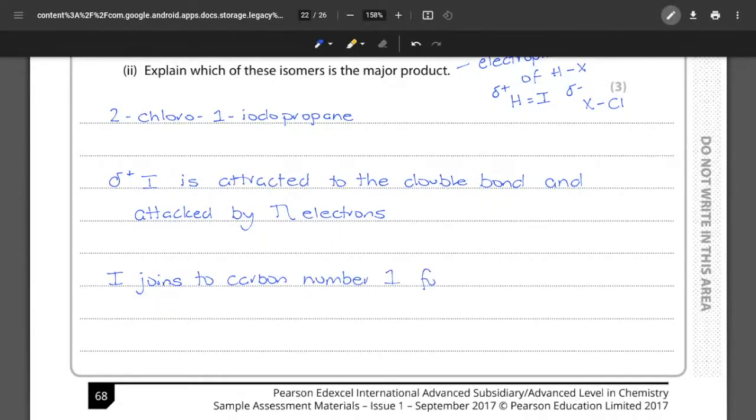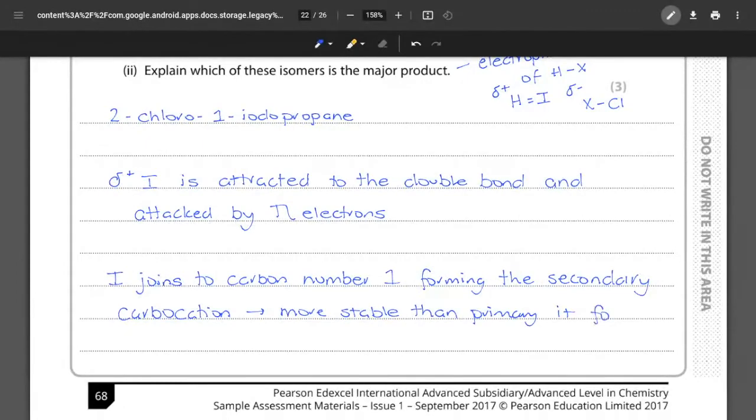And when it does that, it forms the secondary carbocation. And because the secondary carbocation is more stable than the primary, it forms the major product. And the major product, therefore, is when the chlorine adds to carbon number 2.